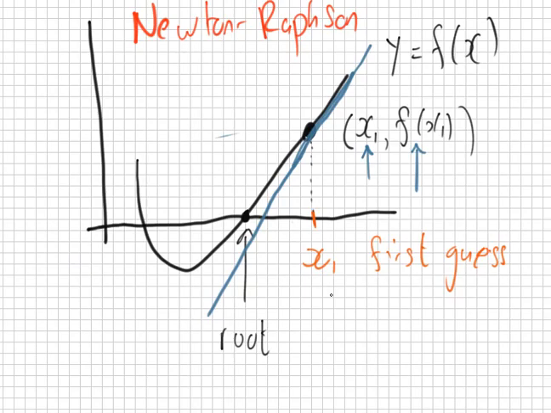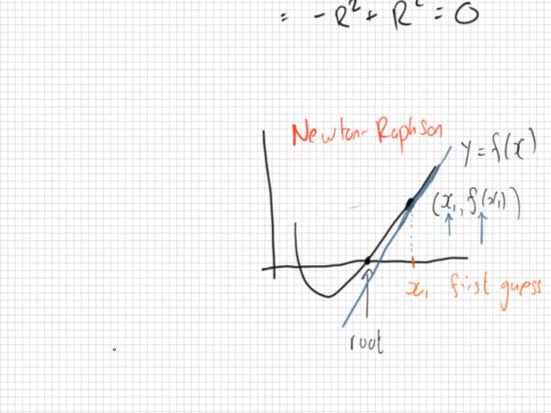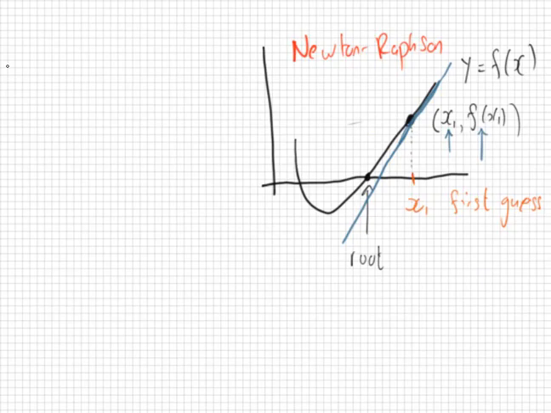So we have y equals mx plus c. And as you remember, the m is the derivative, that's the slope of the tangent. So m gets replaced with f'(x1), plus, x plus c.